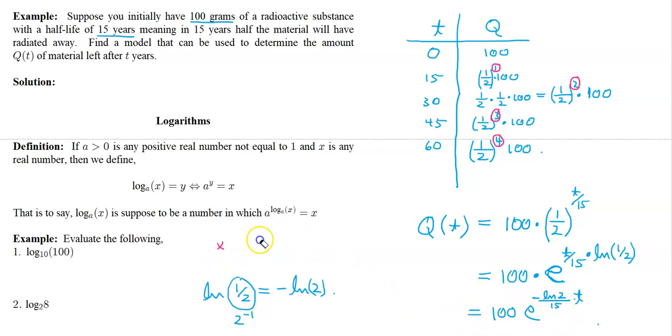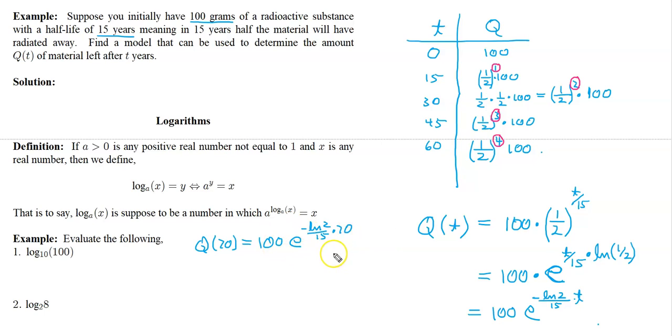So for example, if we wanted to know how much material was left after 70 years, we could just evaluate this. Just be careful when you evaluate this on your calculator. You would have to put the exponent here in parentheses.